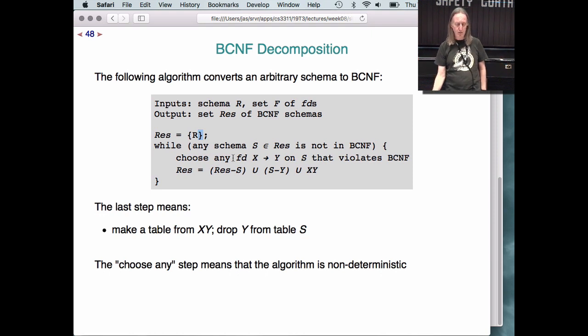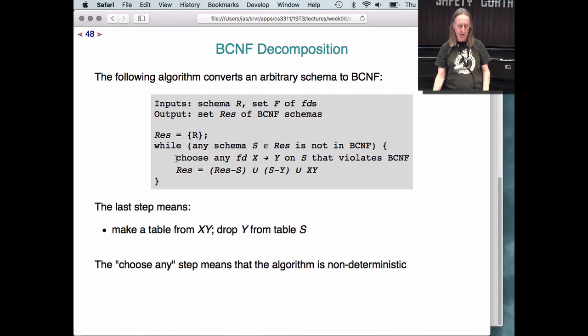So what we do is we pick any one of the functional dependencies that violates the BCNF definition from a couple of slides ago.